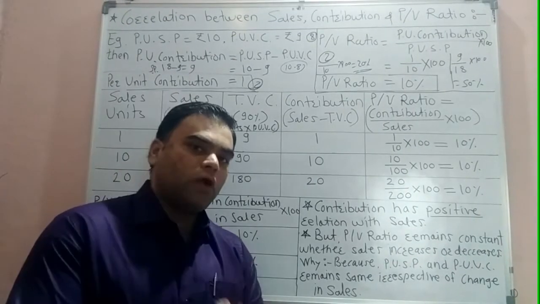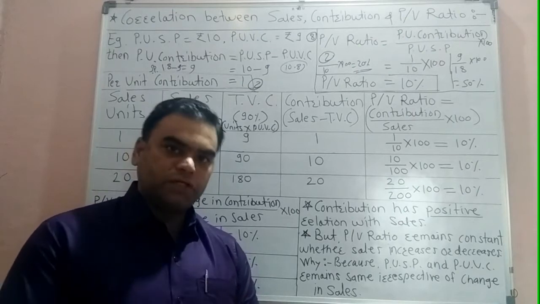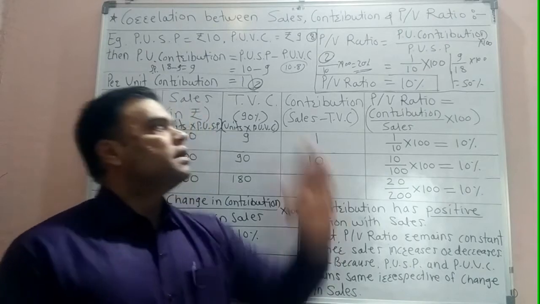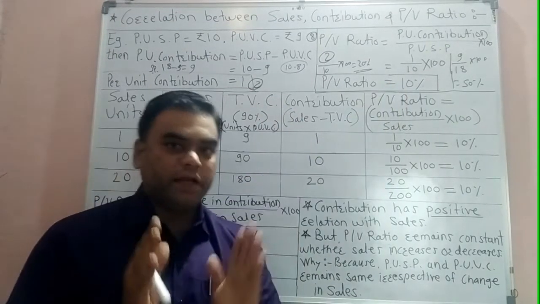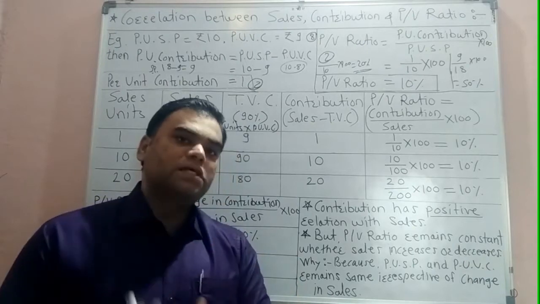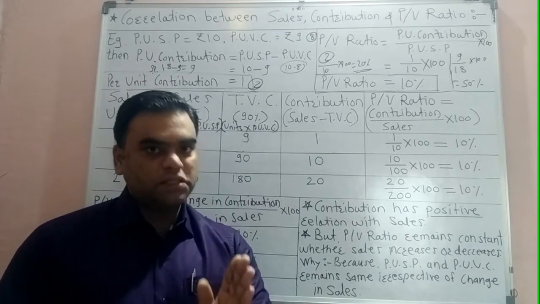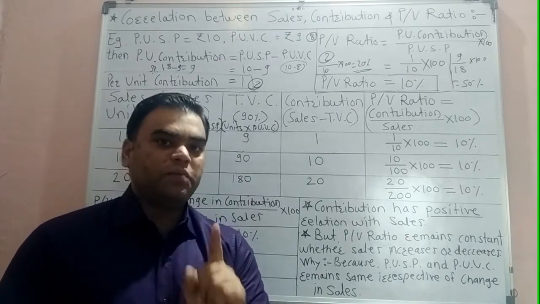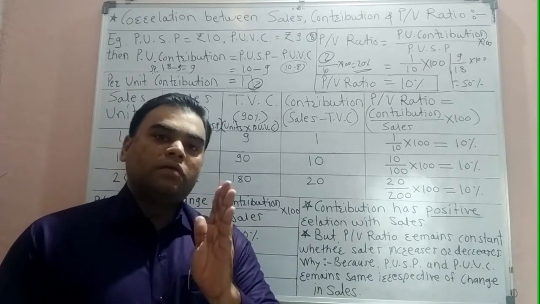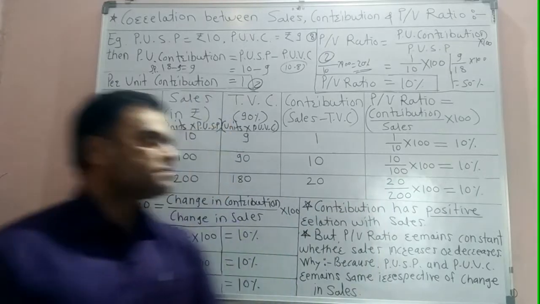PV ratio is also called contribution to sales ratio, contribution ratio or marginal ratio. And what does it mean? PV ratio is 10%. It means contribution to sales ratio is 10%, contribution is 10% of sales, fixed cost is 10% of BEP sales, and profit is 10% of margin of safety sales.